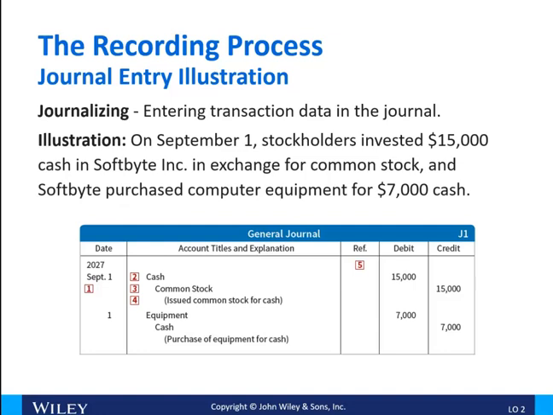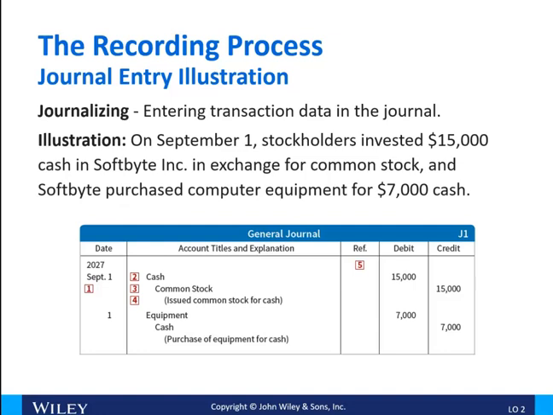And then it's always good to put a description with each entry. So we issued common stock for cash. So as we go back later and we see this entry, it may not be as obvious of what it is. Cash and common stock is pretty obvious. You issued common stock for cash.